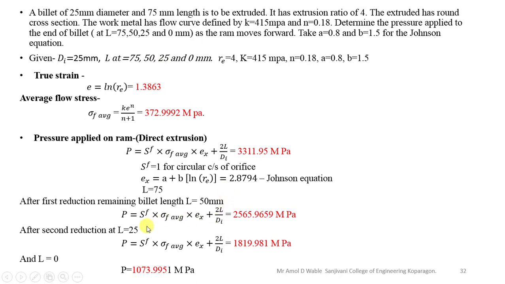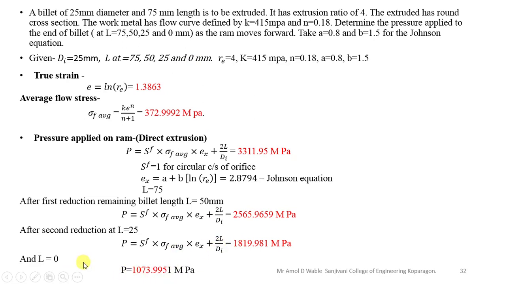Then the third condition is what? What is the pressure when L is 25? Again you keep L as 25 here and find out the pressure. So the pressure is 1819.981 megapascal. Then what is the pressure when billet length is 0? So you keep L as 0 and find out the answer.